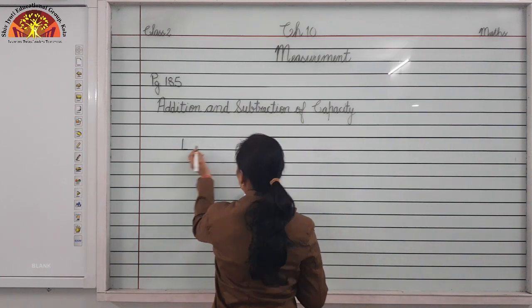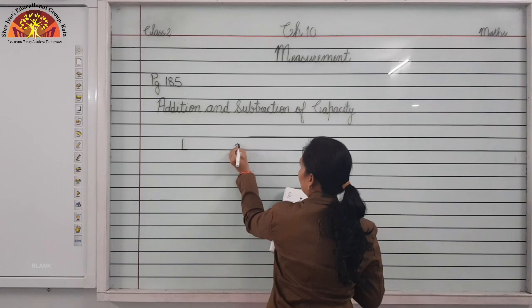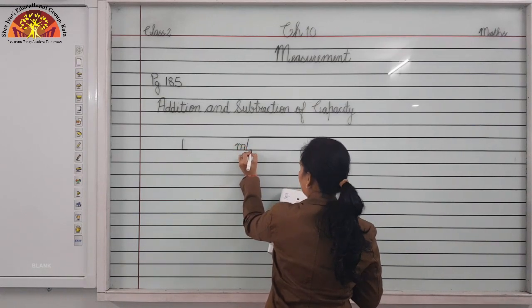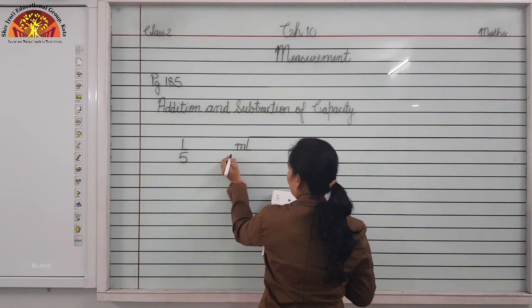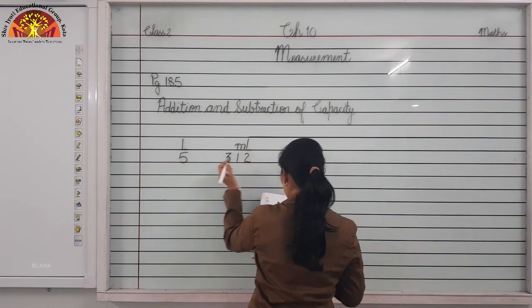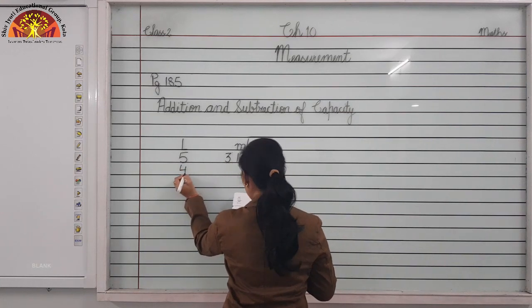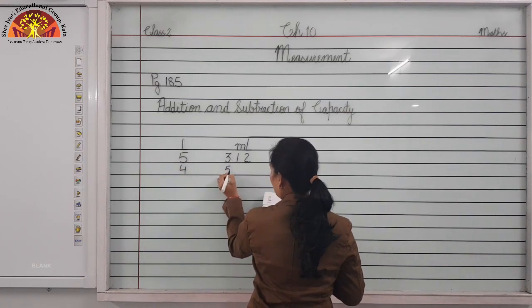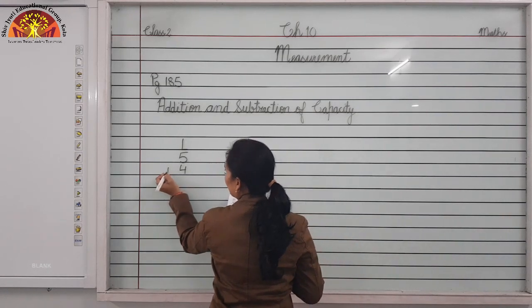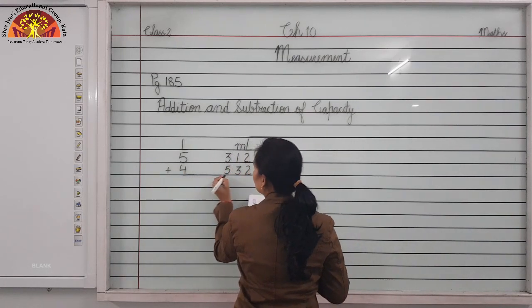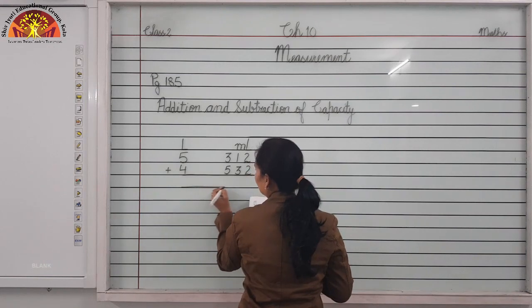Here it is liter and here milliliter. 5 liter 312 milliliter, 4 liter 532 milliliter. Here we have to add these numbers.